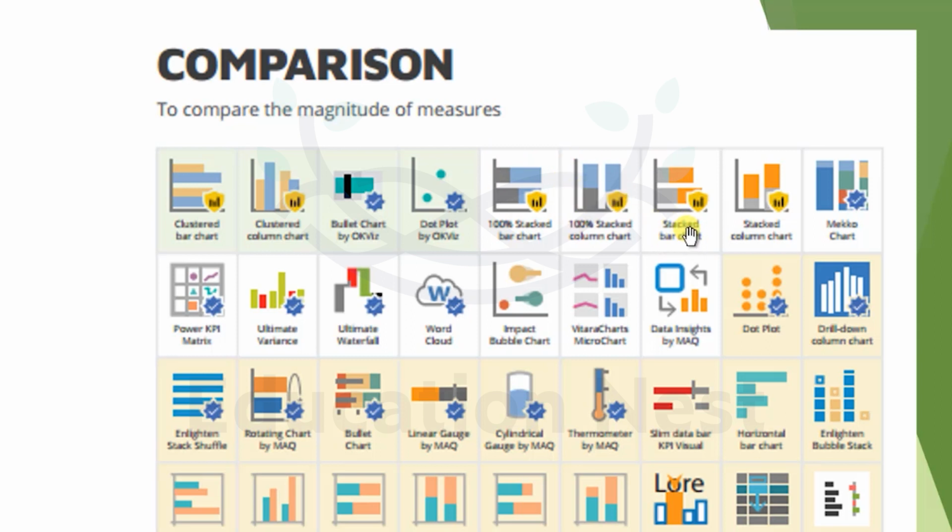Similarly, this is a 100% stacked chart, which also gives you the percentage breakup of the ratio of the products being sold. If 100 products are sold, how much percentage is product A vis-a-vis product B.